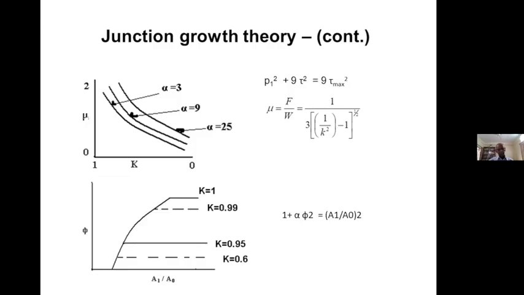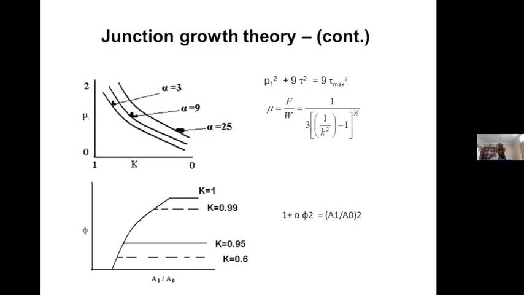This K is plotted 1 to 0. So as K reduces, mu falls. And this will, of course, be dependent on alpha, because we have taken alpha equal to 9. But if we take different alpha, this curve will be parallel, but different. For low alpha, the friction will be even lower, but for high alpha, friction will be a little higher.